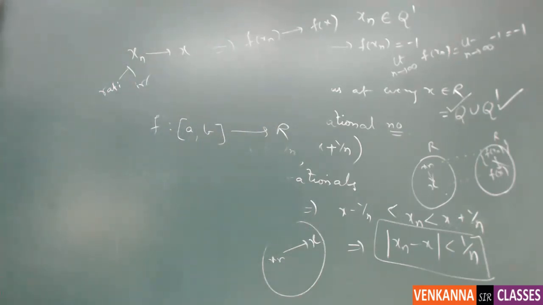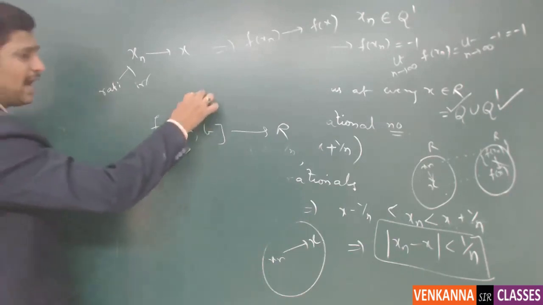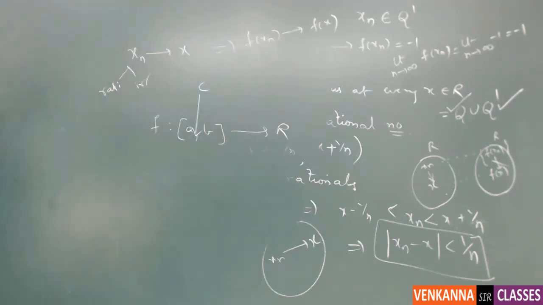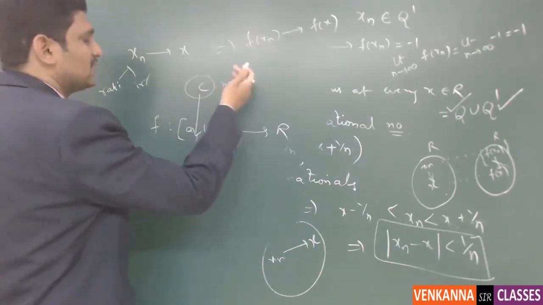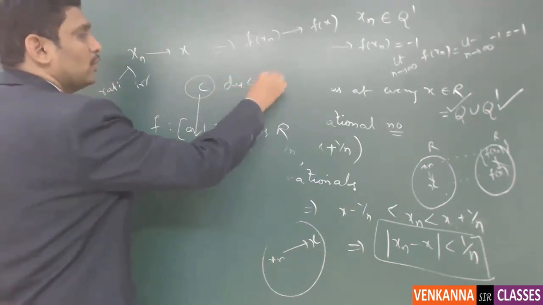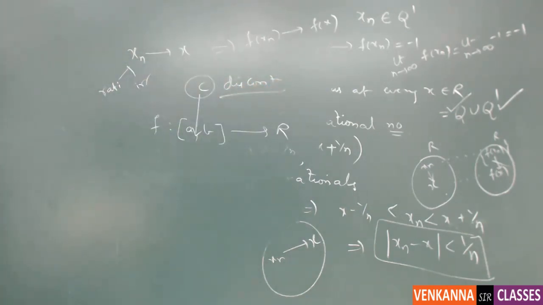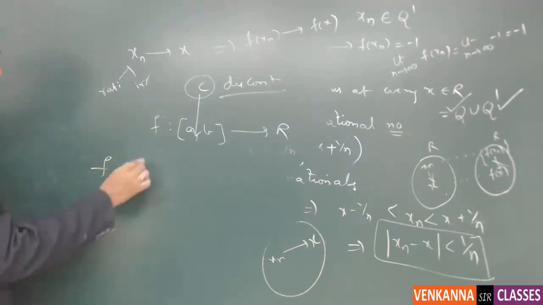Suppose f from the closed interval [a, b] to R is a function, and I ask you to show that f is continuous at every point in that interval. You will have to prove continuity at each and every point of that interval. Now think how difficult that is. Suppose in this interval I randomly pick a point c, and I ask you to prove that f is discontinuous at this point, with f of x given as some expression.